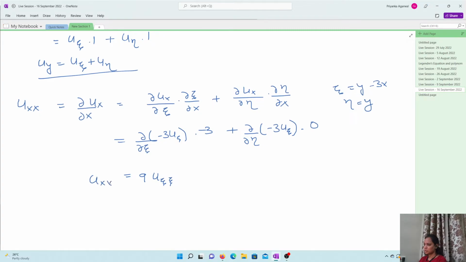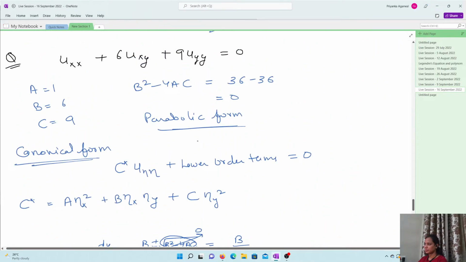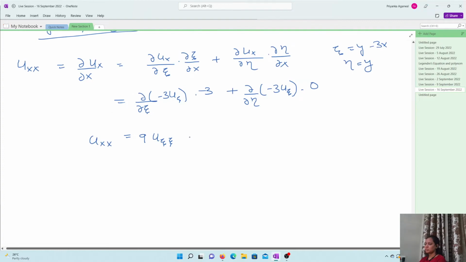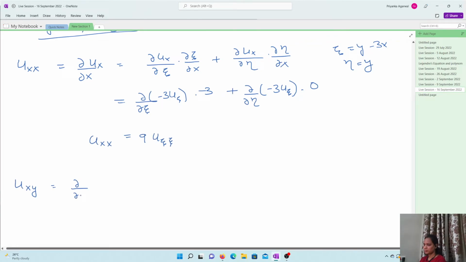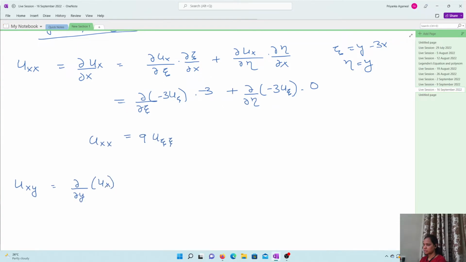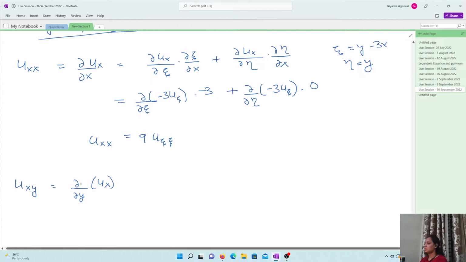So this is uxx. Now what other terms do we have in the equation? Uxy and uyy. So let's find those. Now uxy can be written as del by del y of ux, or the other way around also, where we can write it as del by del x of uy.